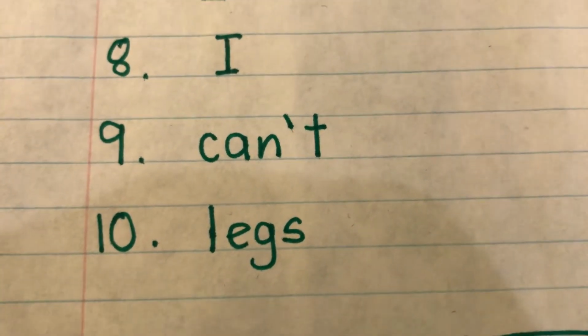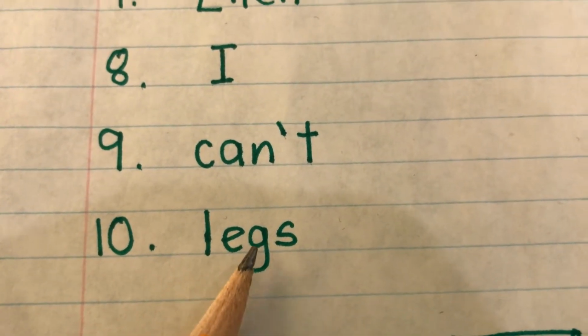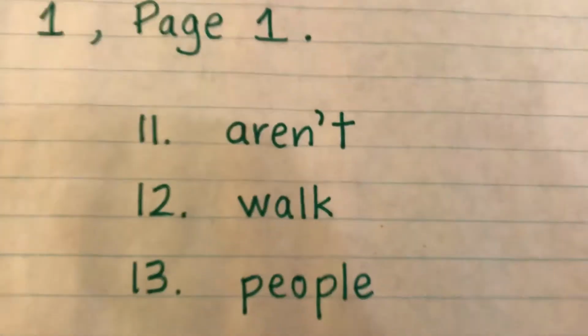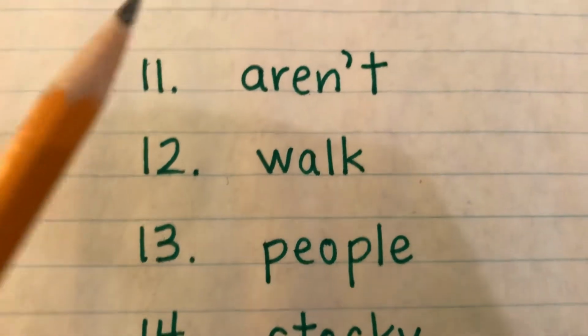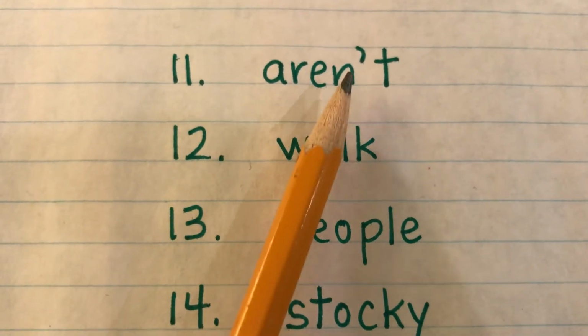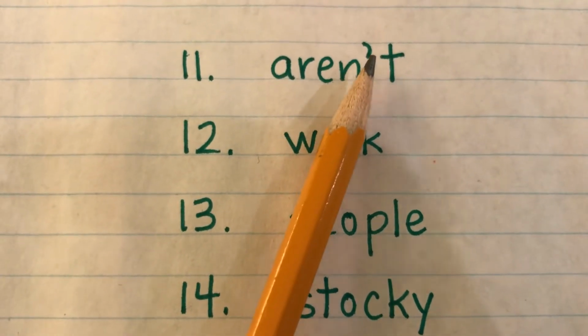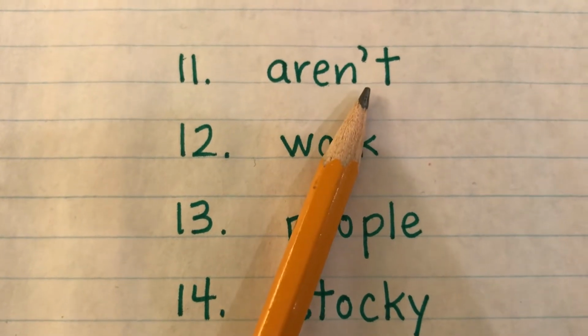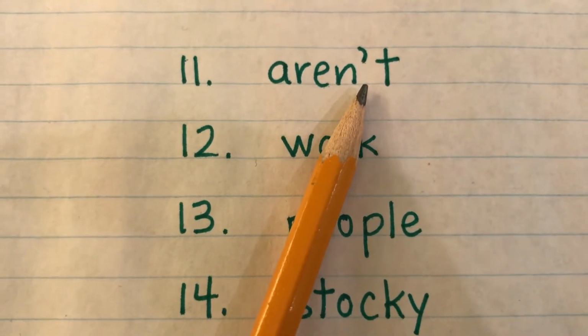Number 10 is legs. L-E-G-S. Let's move on to number 11. Aren't. Do you know what the apostrophe replaces here? Which letter? That's right.